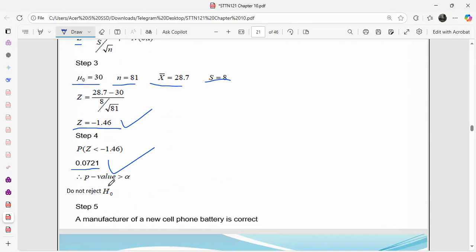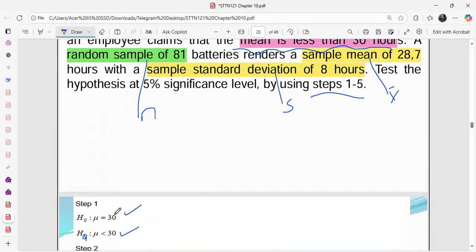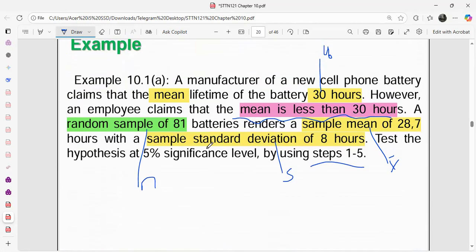Step number 5, you make the conclusion. You go check on your statement, or what is the claim there? Remember, a manufacturer of a new cell phone battery claims that the mean lifetime of the battery is 30 hours. However, an employee claims that the mean is less than 30.